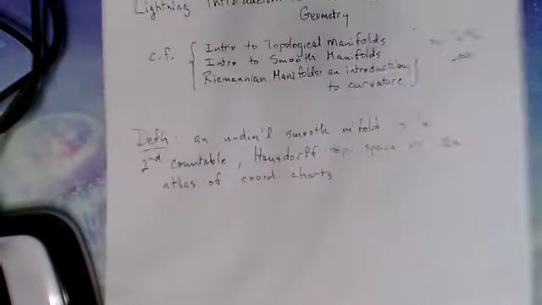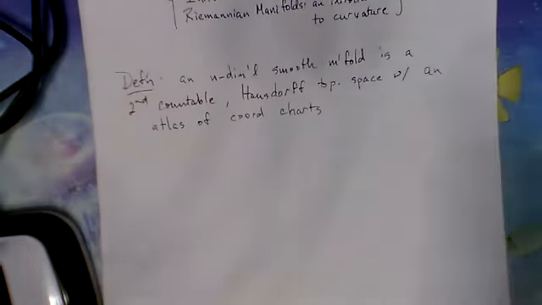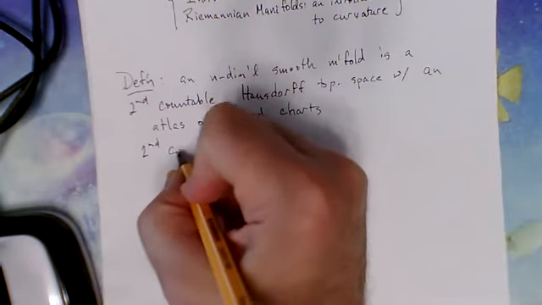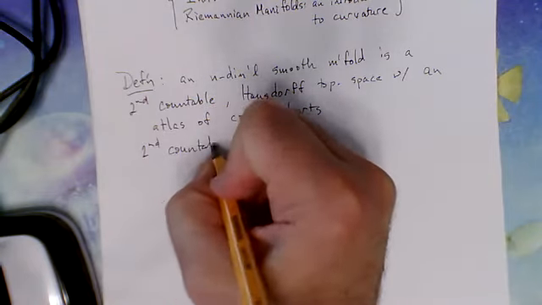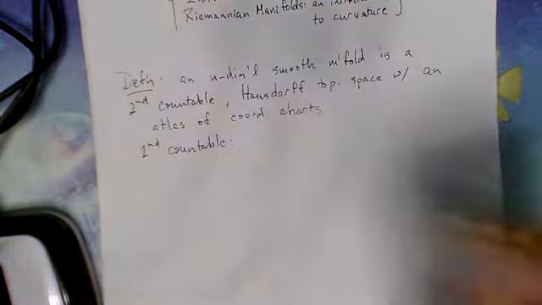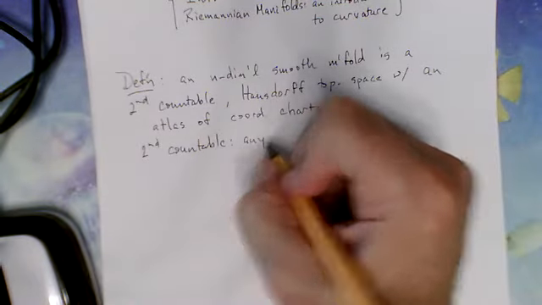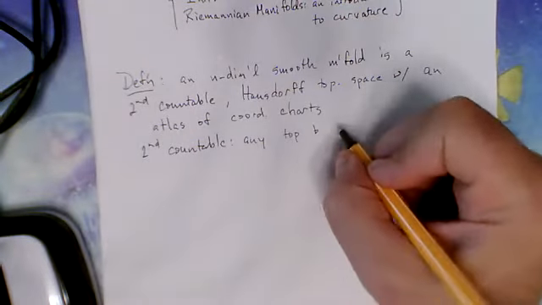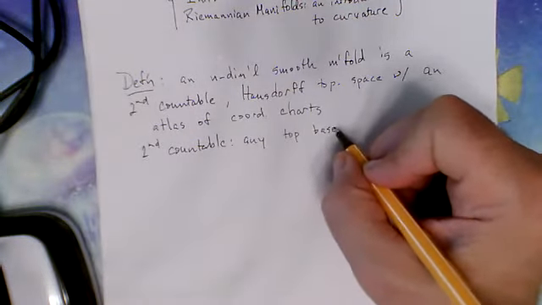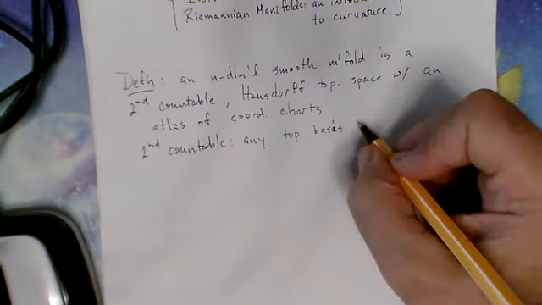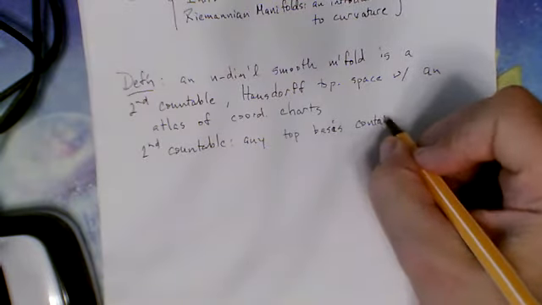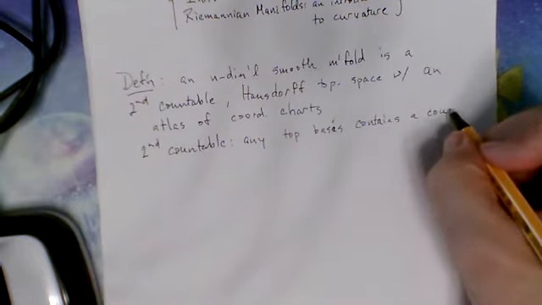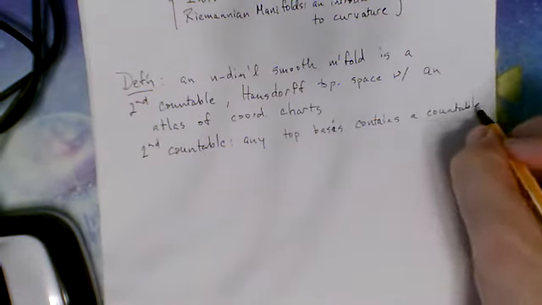So what does this mean? Let's isolate each of these terms. Second countable means that any basis for the topology contains a countable subbasis.